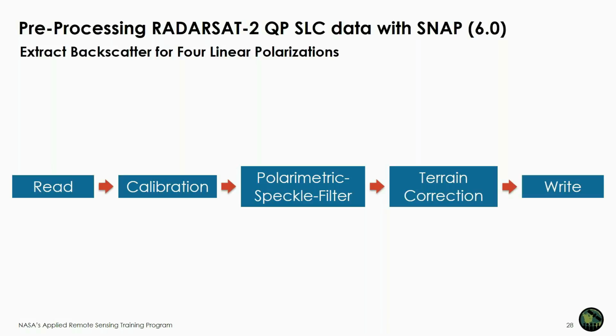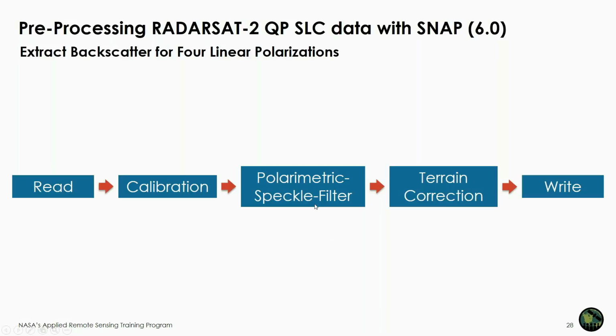So I will show you how to use RadarSat-2 data to extract backscatter. There are 4 main steps to extract backscatter. First, you need to read the data into SNAP and calibrate the image, converting image values to radar backscatter.